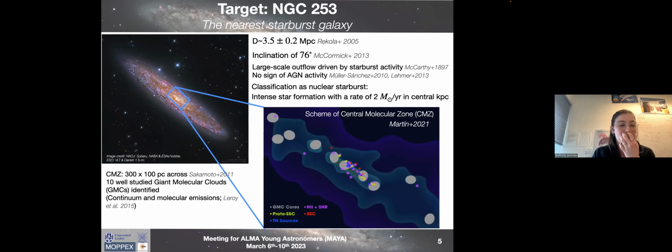If we zoom in on the central 100 parsec of the galaxy, we have a schema here of the central molecular zone, in which 10 well-studied giant molecular clouds were identified, which are the gray fields shaped all over the CMZ. And you can see in the inner part it's even busier with HII regions, supernova remnants, and so on.